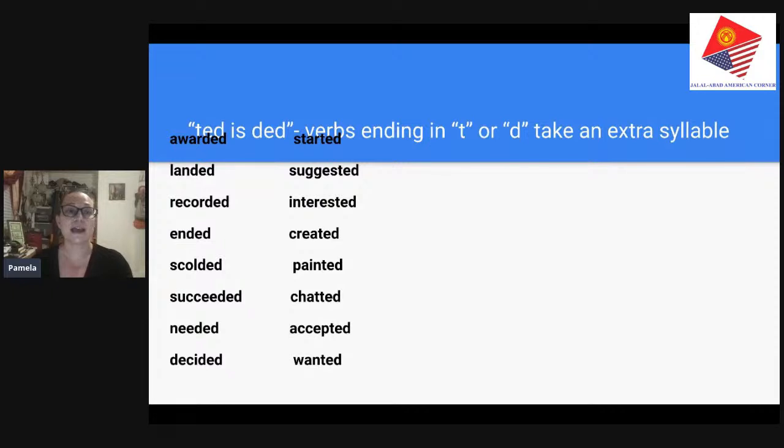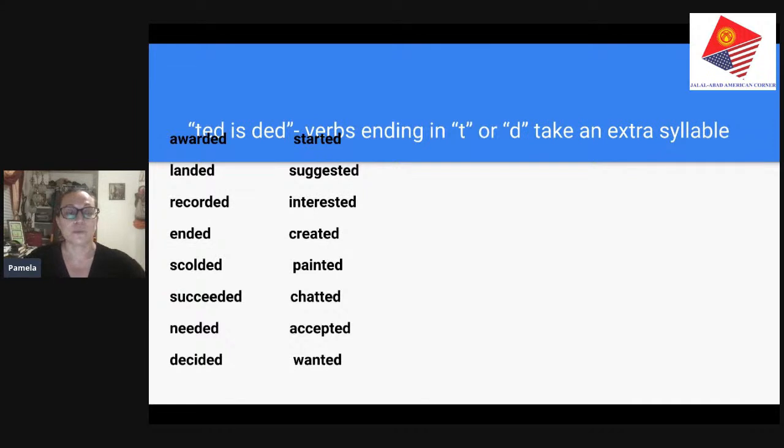So the ones that, oh, this got off a little bit. The ones that end in T or D do take an extra syllable. So this is the rule, Ted is dead. And we know dead is spelled wrong here, but this is just to remember it. It either is DED or TED that will take the extra syllable.